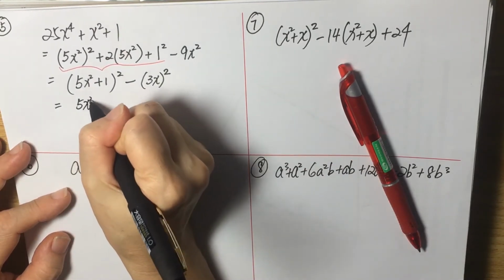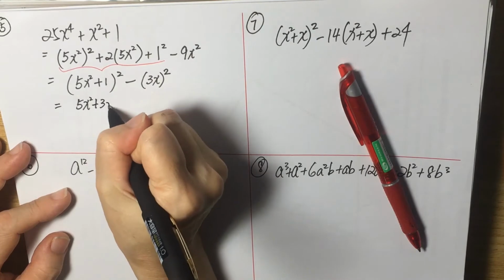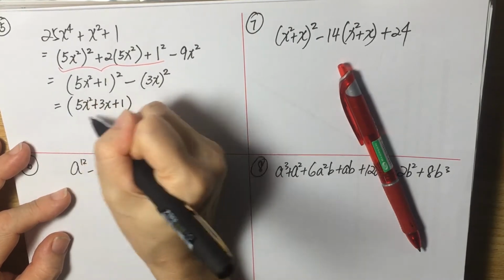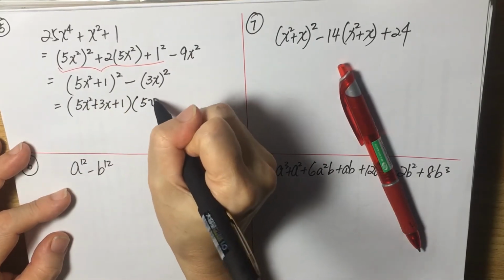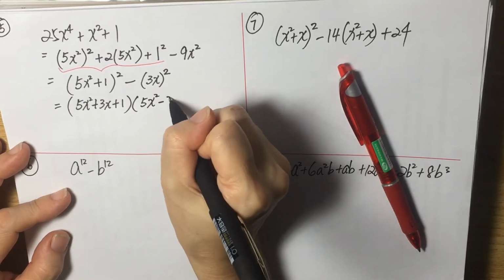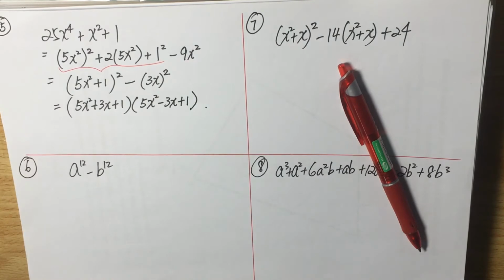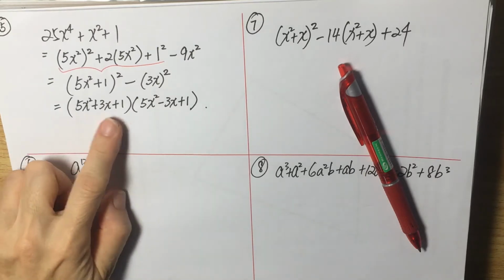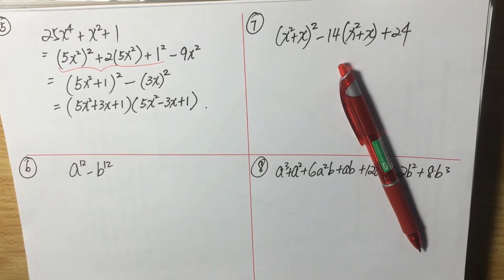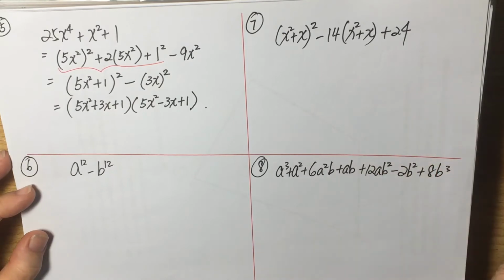So that will be the sum and the difference. Okay, I put it this way in descending order, it looks neater. And that's all. I cannot factorize anymore already.